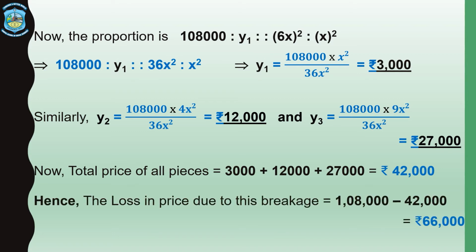Initially the price of the single piece was 1,08,000. Now the total price of all the pieces comes down to 42,000. So what is the loss? The loss in price is 1,08,000 minus 42,000, which is equal to 66,000. So there is a loss of 66,000 in the price of the diamond.